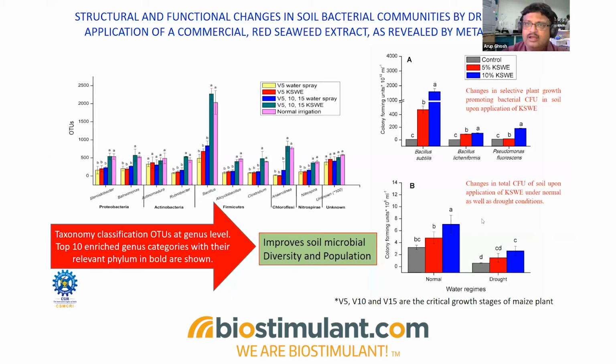So I would also like to touch upon the ecological part of the use of biostimulants. One can always question what happens to the soil microbes when these biostimulants are applied on the plants. They may be applied as foliar, they may be applied in the soil also.